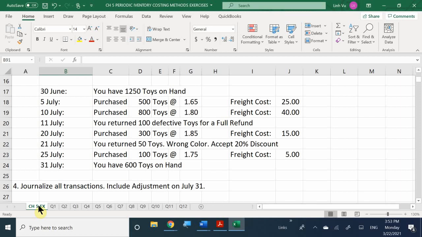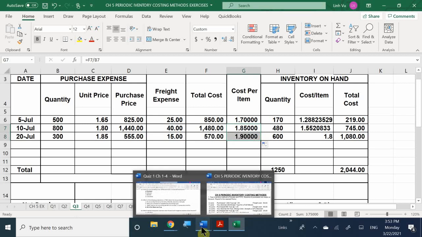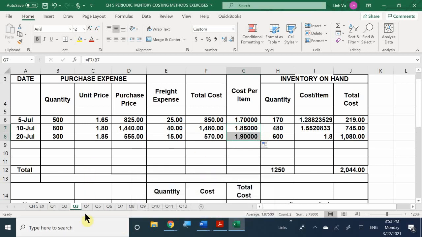So what is my total purchase price here? $555, plus my freight to give me a total cost of $570. Okay, bringing my total cost per item to be $1.90. Ooh, we're getting even numbers.